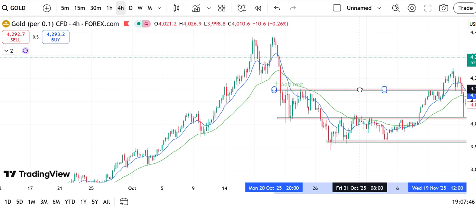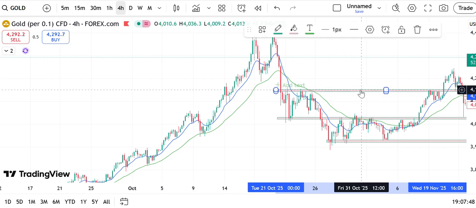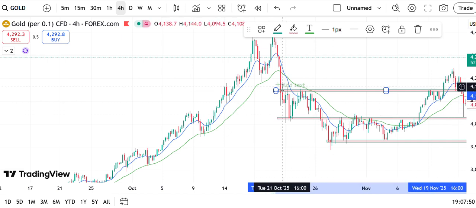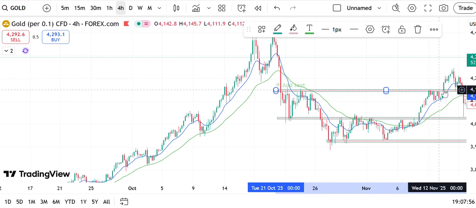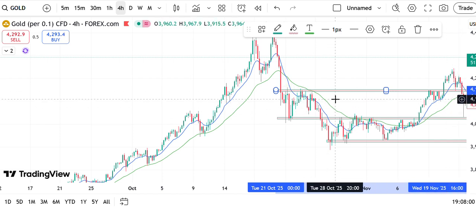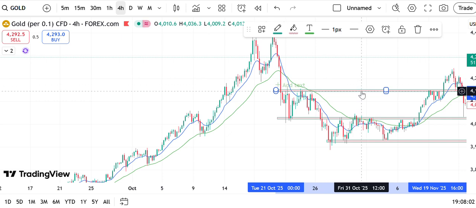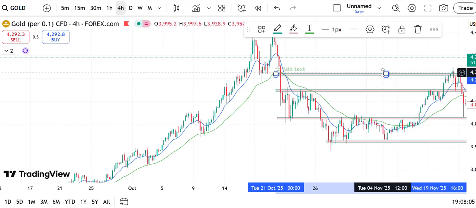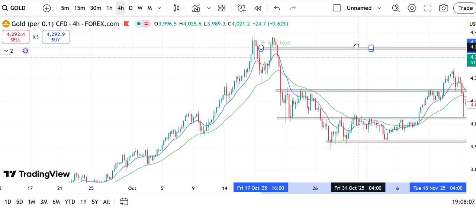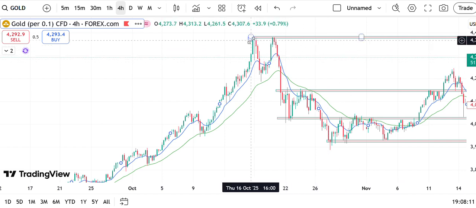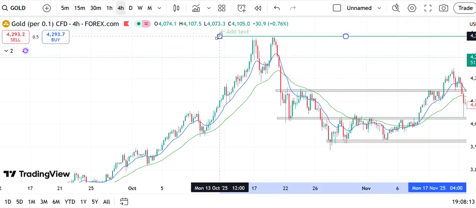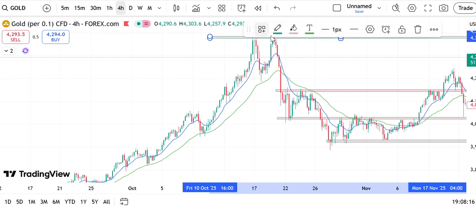This is another one here that I can identify. There was a rejection here, a rejection here, another rejection here, and there's another rejection here. So this is a very good support and resistance zone. Let me draw another one. Let me map this one here. Okay, this is another support and resistance.